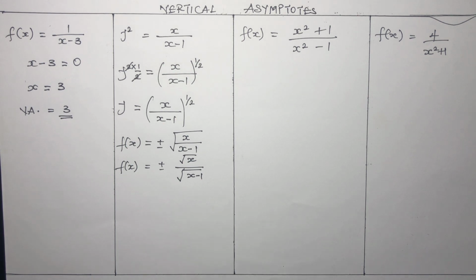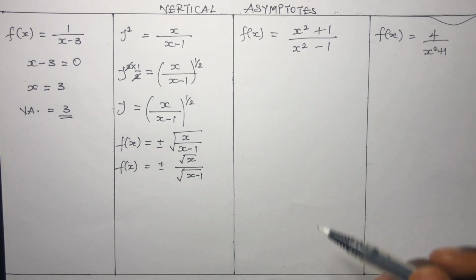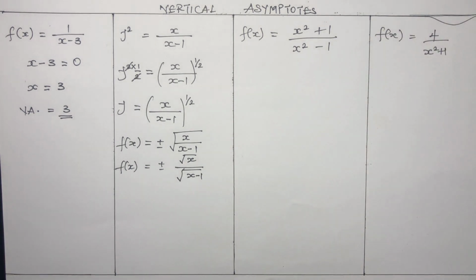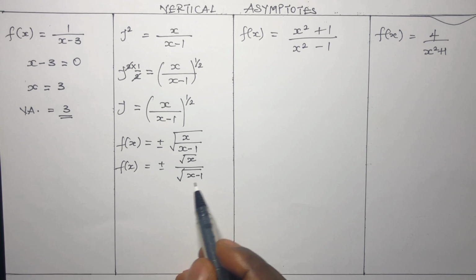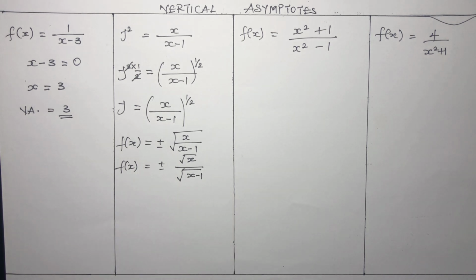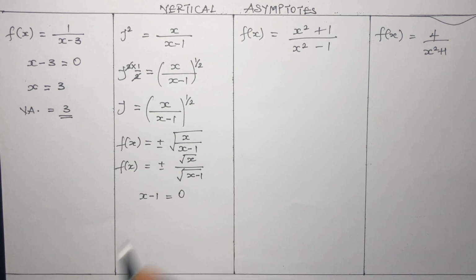And from here, we have seen that there is no common factor to cancel out, right? So we equate everything under this root in the denominator equal to 0 to obtain the vertical asymptote of this function. So we have x minus 1 equal to 0.